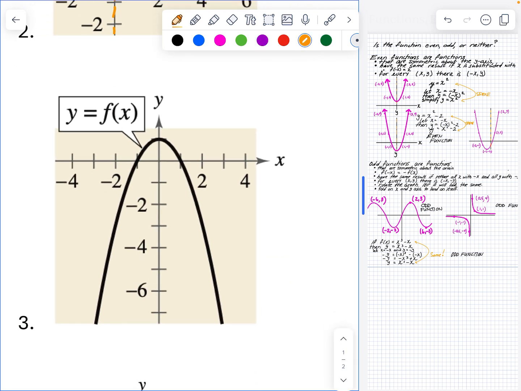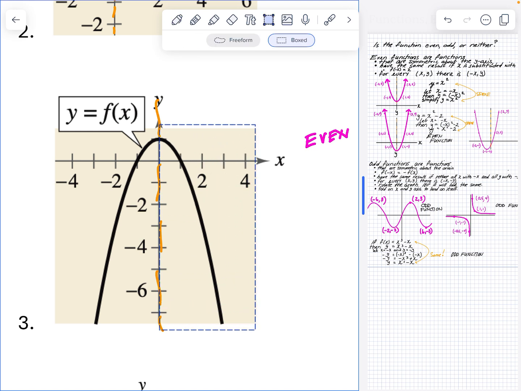Okay, this one. If you fold it along the y-axis, it lands on itself. So this is going to be even. In other words, if I took the right-hand side, there is the right-hand side.